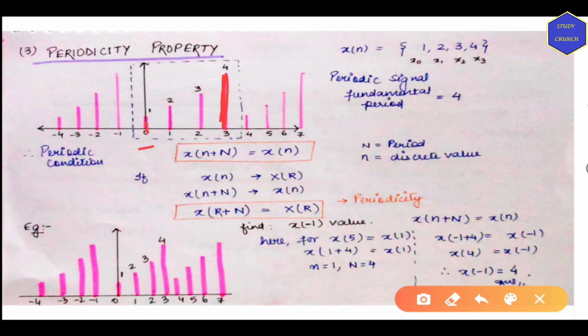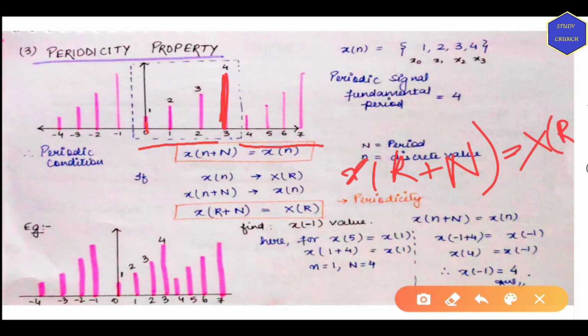This signal from 0 to 3, you can see, is repeating from 4 to 7 as well. So this is the periodicity, that is, a signal repeats itself. So x of k plus capital N will give us x of k.